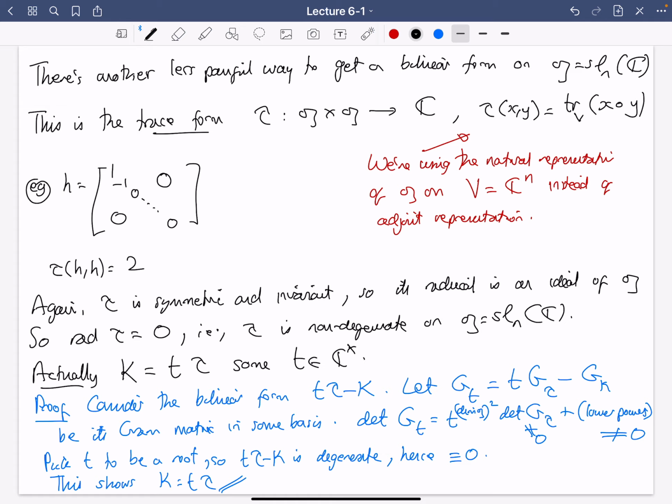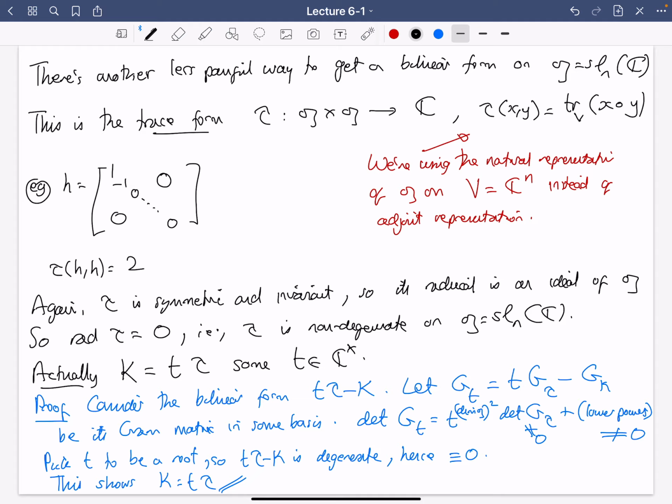All that's important for us is that there's a scalar there, and that scalar is non-zero. So the Killing form is also non-degenerate on SLN in general. You really never need to know anything more about that scalar than that. So you avoid calculating the Killing form explicitly after this. Just work with the trace form.